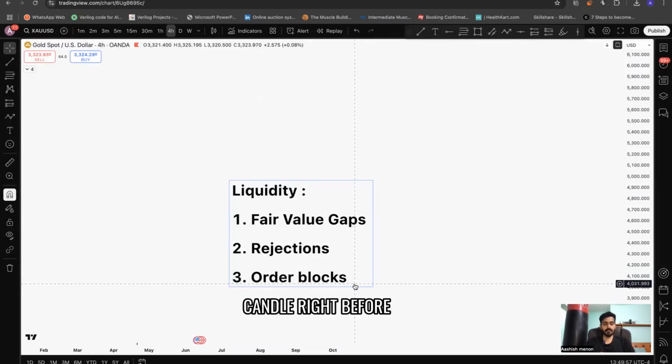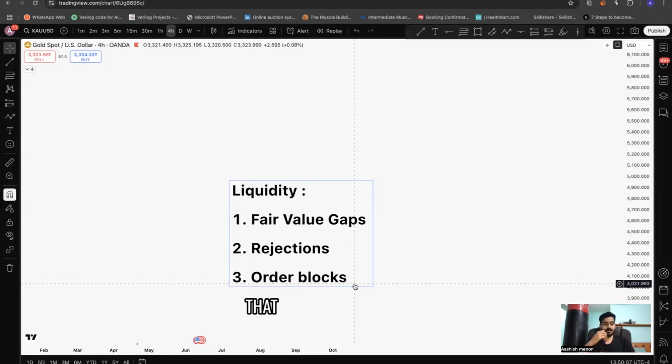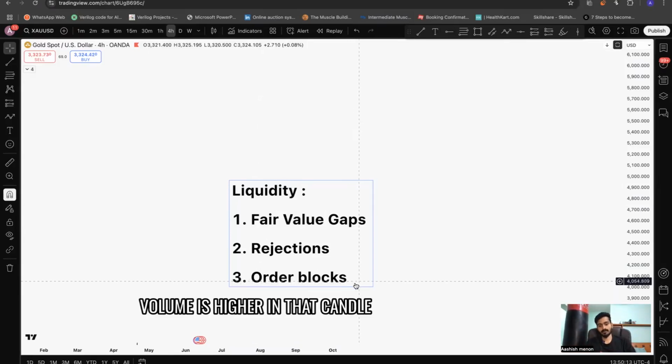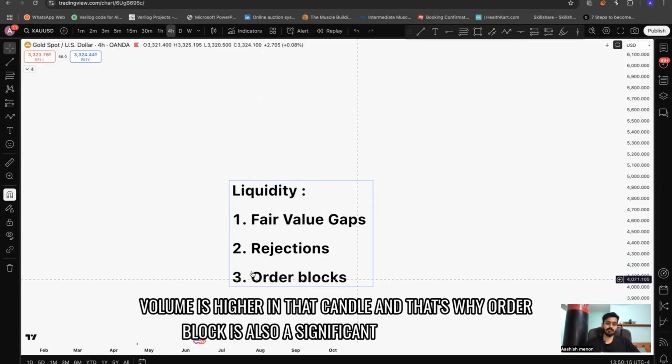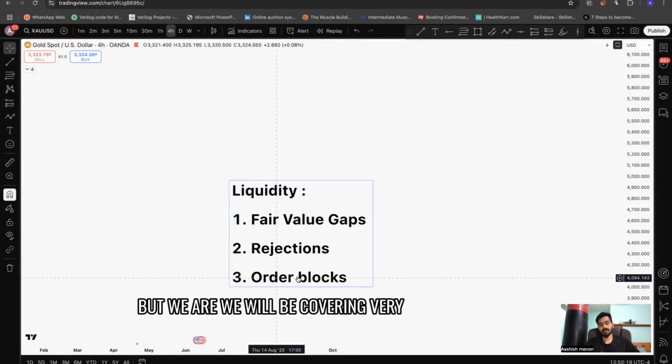The basic logic is that the institutions press their buy or sell button during that candle. They would have been accumulating even before, but the volume is higher in that candle, and that's why an order block is also a significant liquidity point. But we will be covering very little about order blocks.